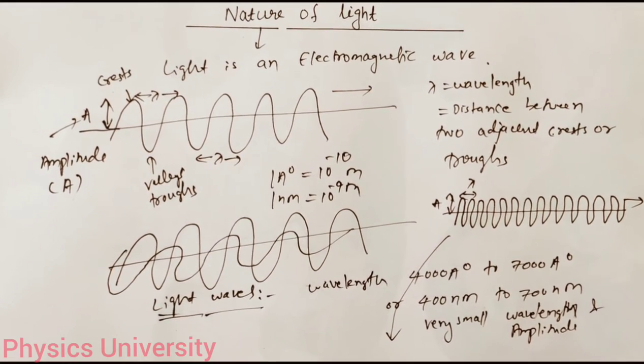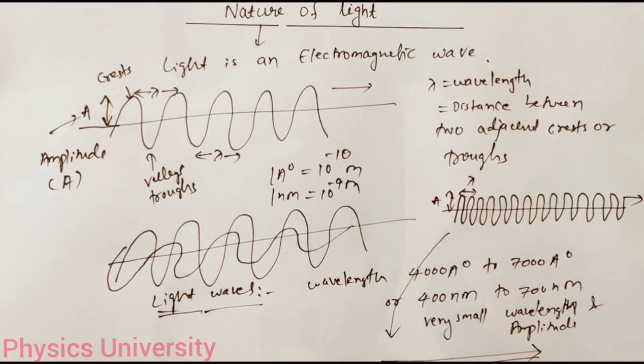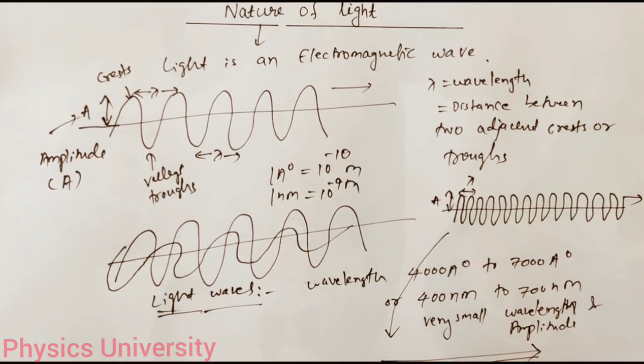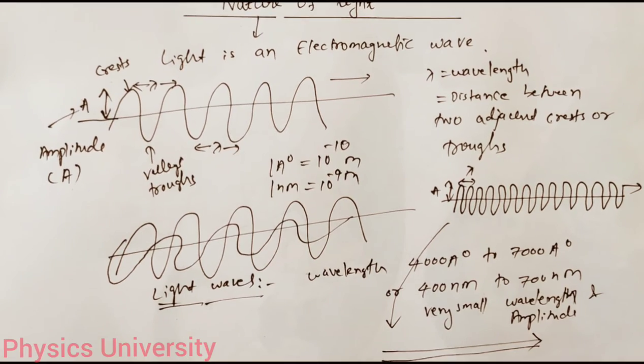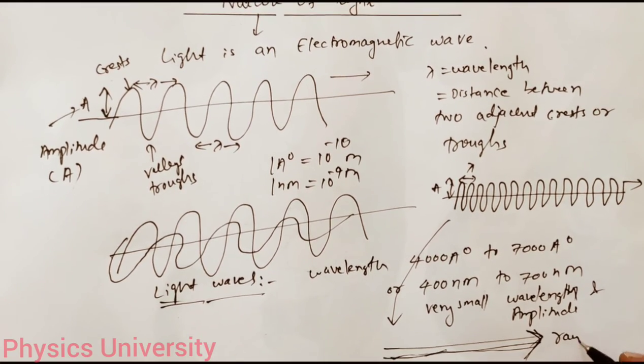Then we can assume that this wave travels in a straight line. All these peaks and valleys or the wavy character we can ignore for many uses, and we can say that light travels in a straight line, and we call this as a ray of light.